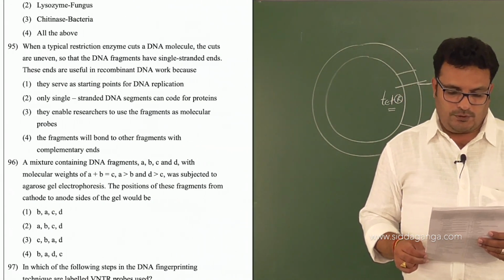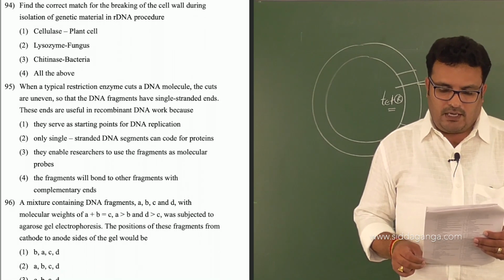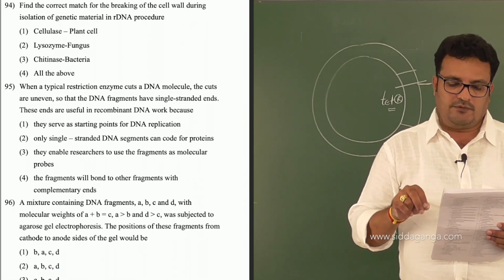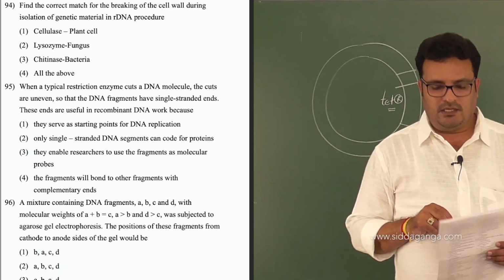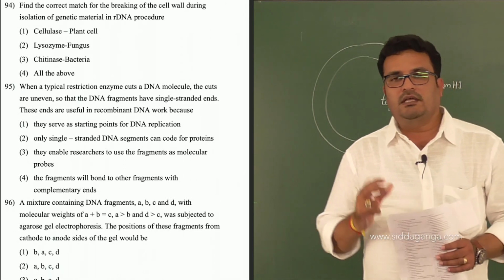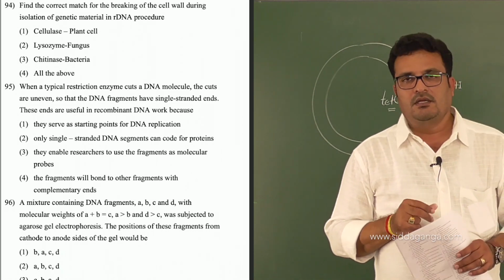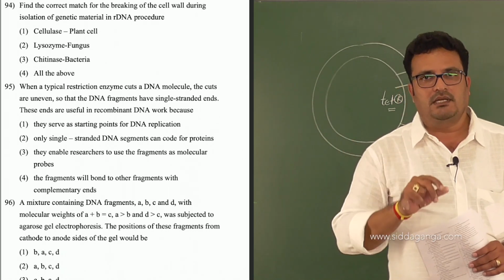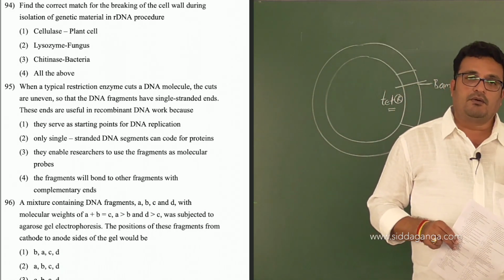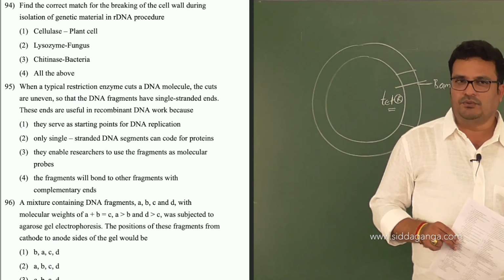Question number 94. Find the correct match for the breaking of the cell wall during isolation of genetic material in rDNA. In the rDNA procedure, the DNA is extracted from the source cell. If it is a plant cell, then we need to break the cell wall of the plant cells. For this purpose, we need to open the cell wall. Cellulase enzyme is used.